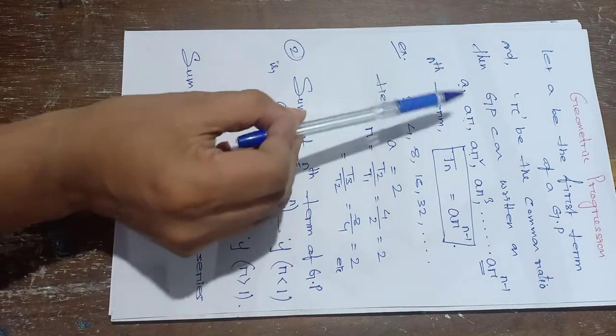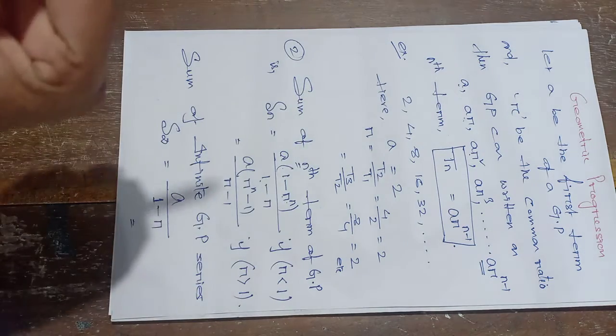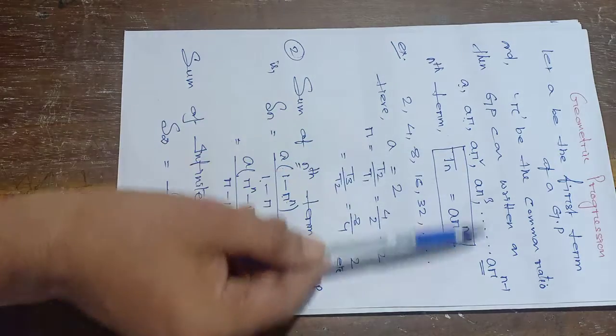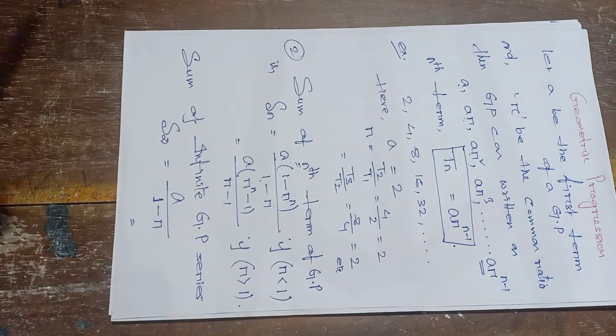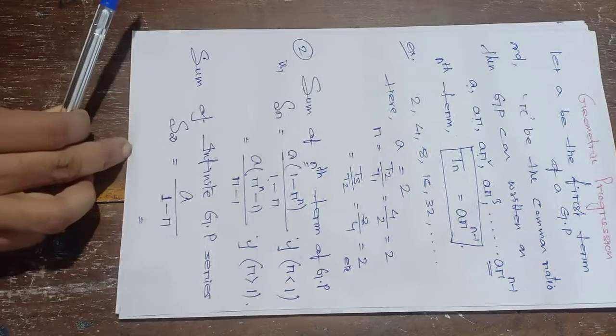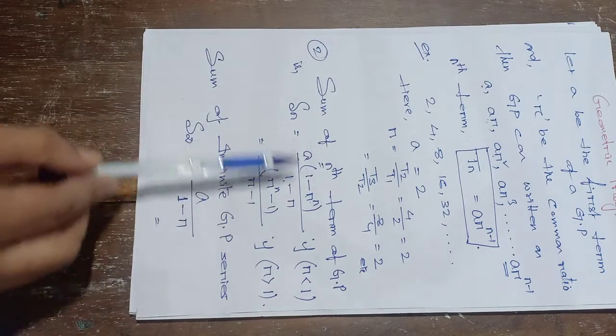Now the number of terms is similar to AP series: how many terms are there? There are n terms. So the number of terms is the number of elements present in that particular progression. For the sum of n terms of a GP series, there are two formulas.